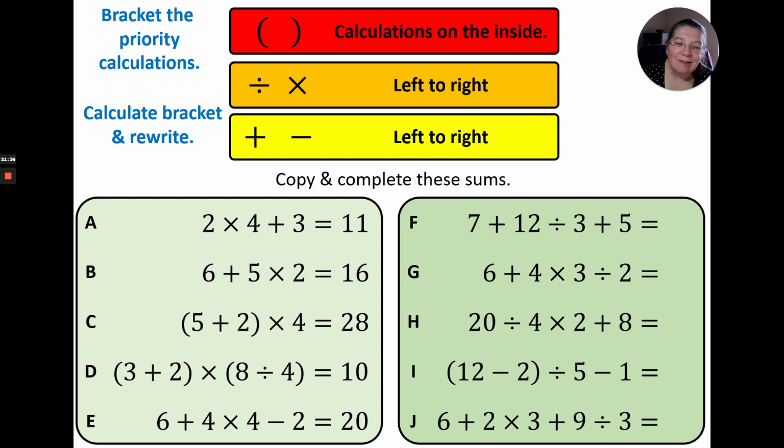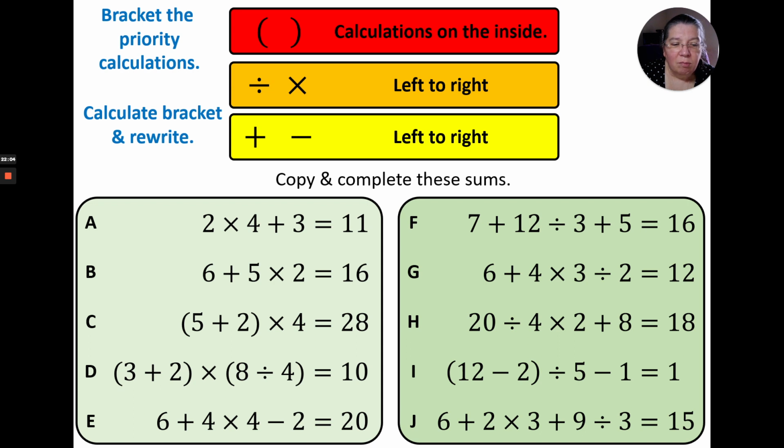Question F, these are slightly harder. So go through your BIDMAS, brackets, indices, division. We've got division, let's do that first. 12 divided by 3, well that's 4. And then we can put that number in to our addition, 7 plus 4 plus 5. So that would be 16.